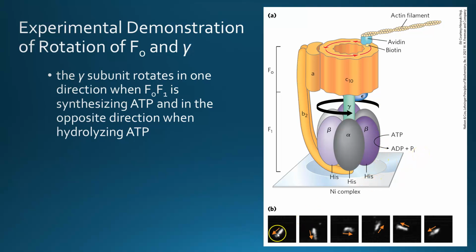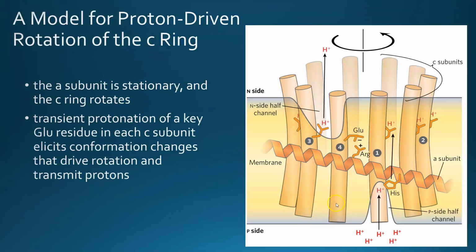And then you could look at this in an electron microscope and literally see this fluorescent actin filament spinning around in real time. It's not known exactly how the flow of protons causes this ring to rotate, but this is the best going model.